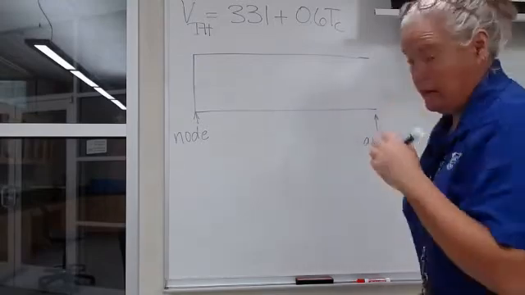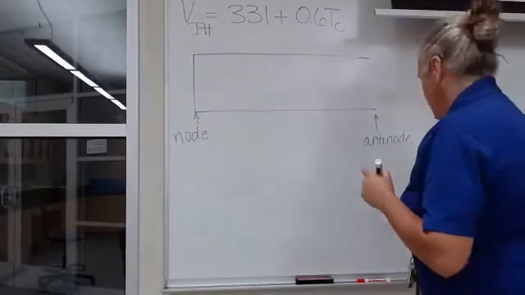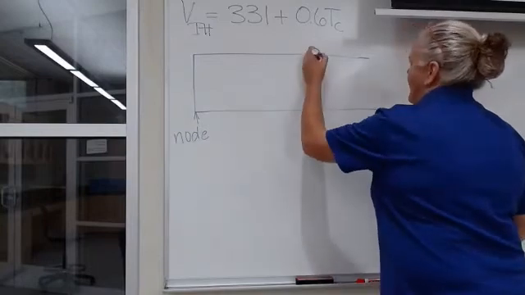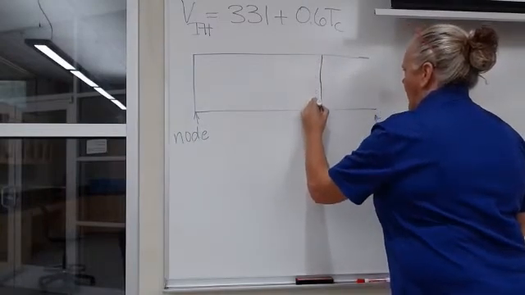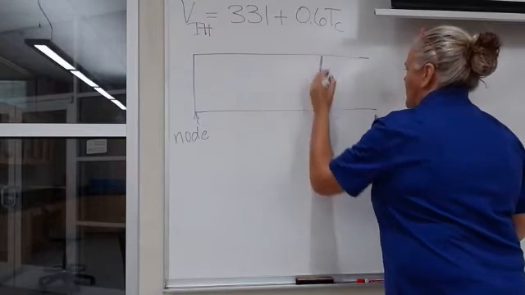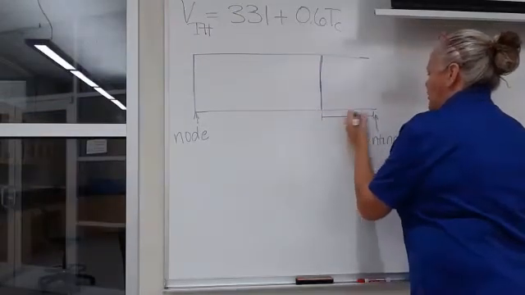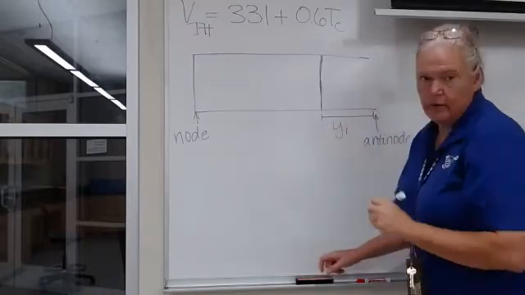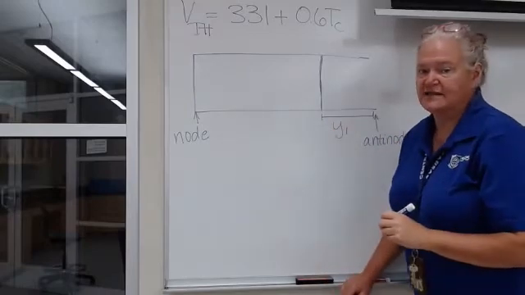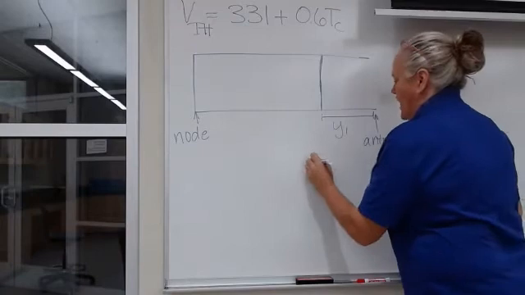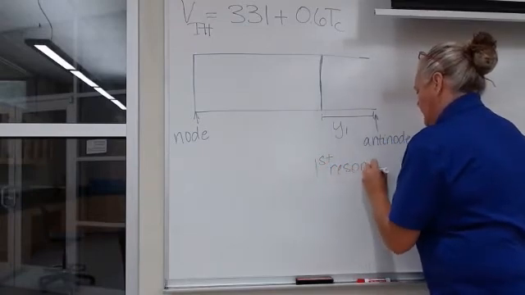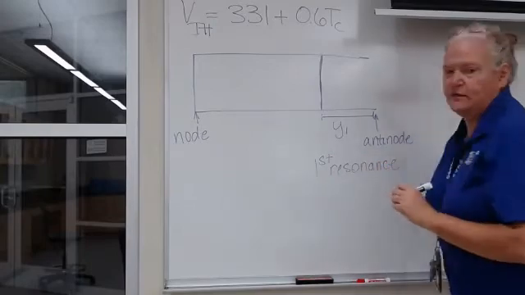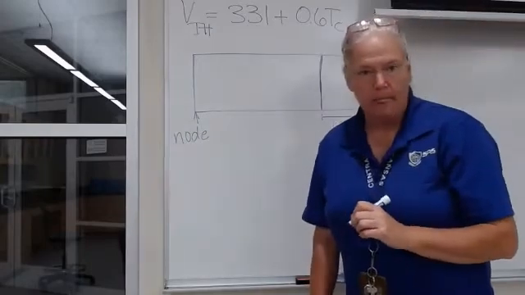Now, let's say that my first cap position was right here, where I hear my first loud sound. This distance right here, you can call that Y1. That's your first loud sound, the first position where I hear the first resonance. Resonance is a fancy word for the first loud sound.